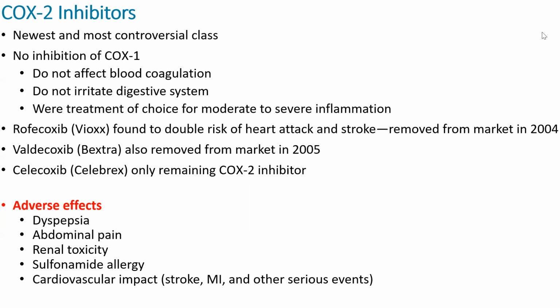Many of these NSAIDs are nephrotoxic at high doses. Many of them cause an increased risk of cardiac events, such as heart failure or acute myocardial infarction. So the cyclooxygenase inhibitors, COX-1 and COX-2, are widely used to suppress inflammation, relieve pain, and reduce fever, but their side effects include gastric ulceration, bleeding, and renal impairment.